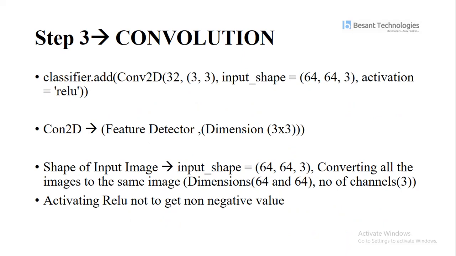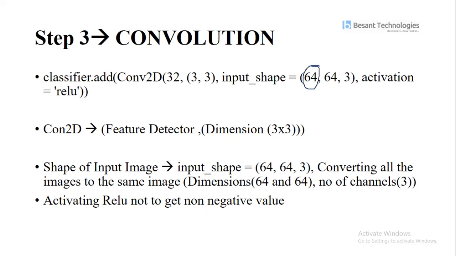So Convolution2D is our library, and we are handling 2 dimensions. The 32 is the number of feature detectors, and then the input shape, which we are going to handle as 64, 64 and 3.